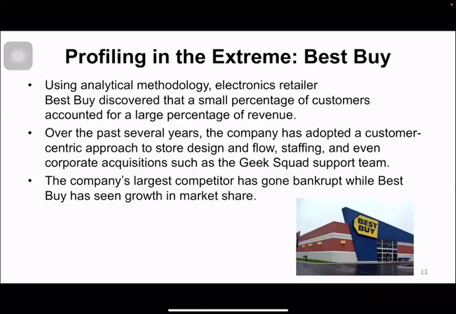Now, profiling in the extreme. This is a successful example from Best Buy. So Best Buy actually used analytical methodology very early, okay? They discovered a small percentage of customers accounted for a large percentage of revenue.